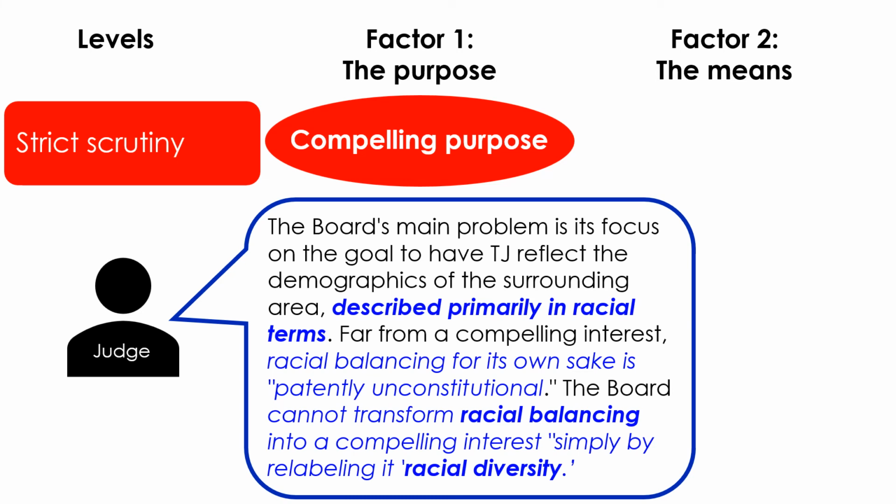The board's main problem is its focus on the goal to have TJ reflect the demographics of the surrounding area, described primarily in racial terms. Far from a compelling interest, racial balancing, for its own sake, is patently unconstitutional. The board cannot transform racial balancing into a compelling interest simply by relabeling it racial diversity.